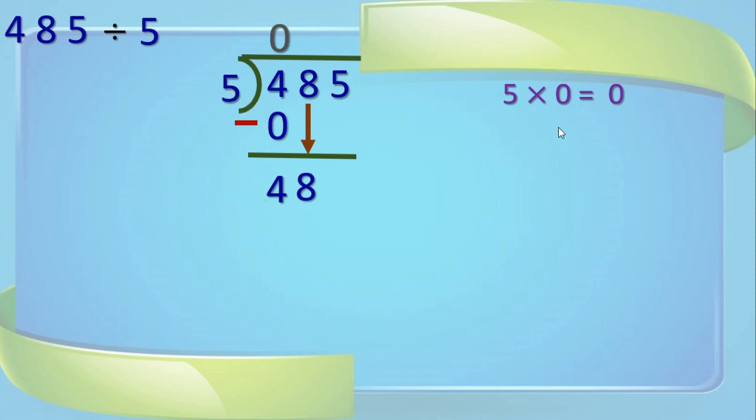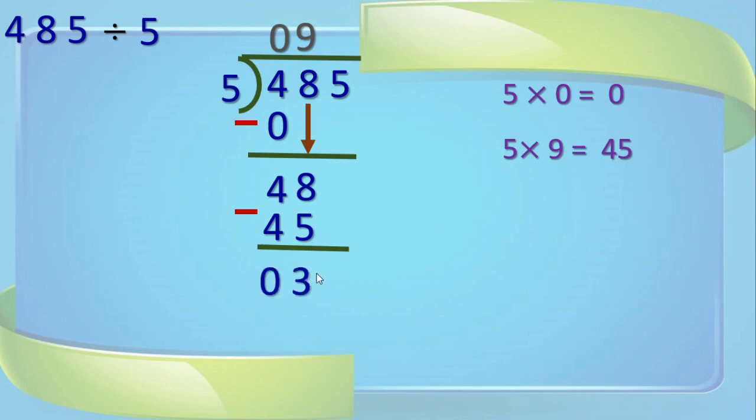So we can go for the 5 times table. We know that 5 nines are 45. Correct? So we will take 5 nines are 45. 48 minus 45, how much? 3. Correct? 3 remains. Now in the unit place 5 is there.